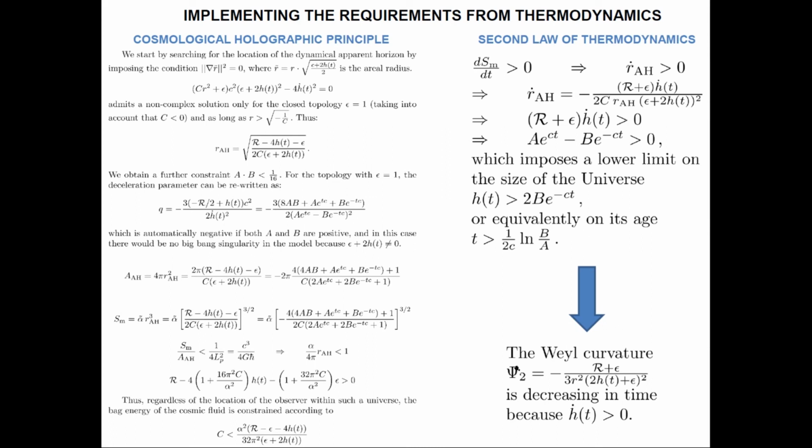And also we get that the Weyl curvature, as quantified by the Newman-Penrose scalar psi2, is decreasing in time. So the first message of my talk is that we can impose these two theoretical requirements and extract some physically meaningful information on the cosmological model we have in hand.